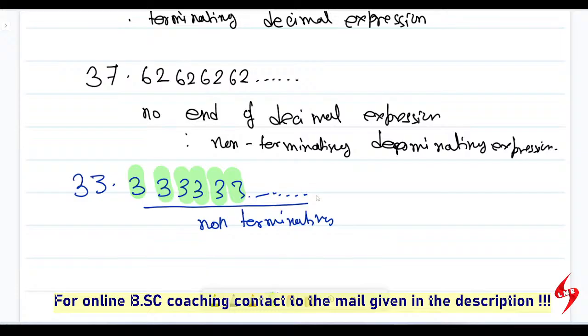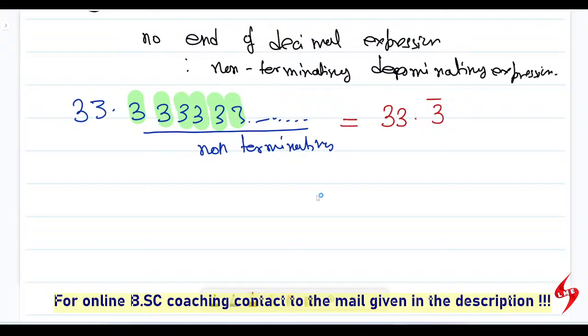So you can also write it like this: the term which is repeating, write it once and put a bar above it. So this is a repeating non-terminating decimal, because a term is repeating.